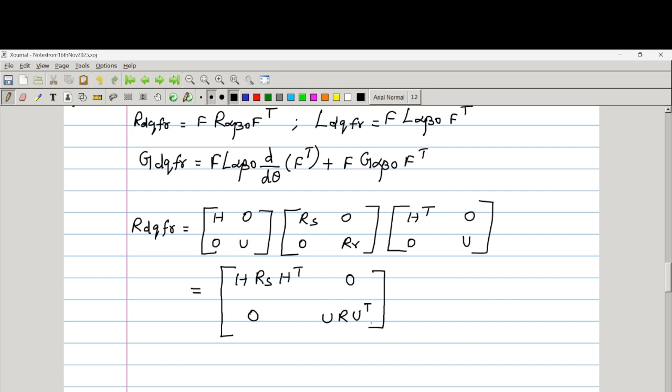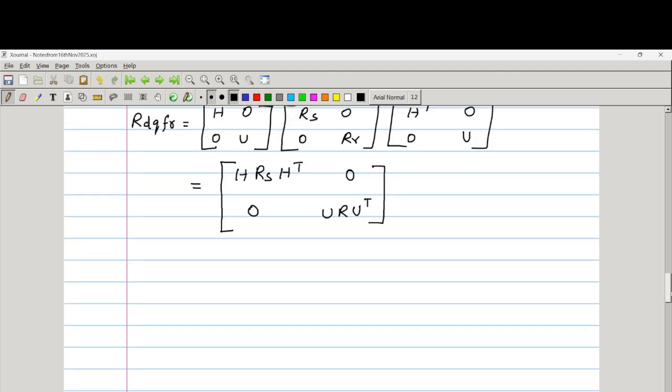Okay. Then now we already know what is meant by U RR U transpose. So now we are going to calculate first what is meant by H RS H transpose. What is H RS H transpose?